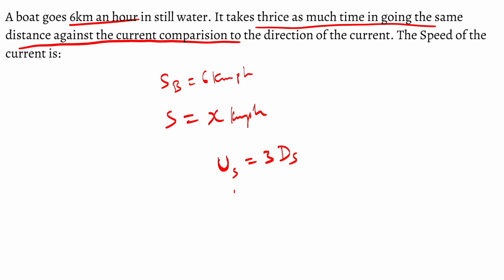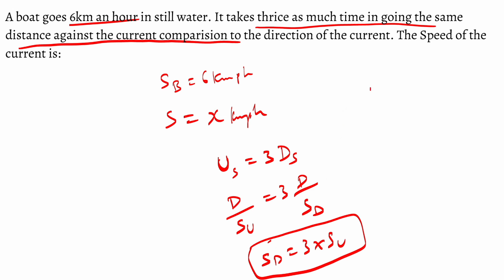But what is the upstream here? So the time taken by upstream is equal to 3 times the time taken by downstream. So what is time here? Distance by speed. Distance by speed of the upstream is equal to 3 into distance by speed of the downstream. So speed of the downstream is equal to 3 into speed of the upstream.